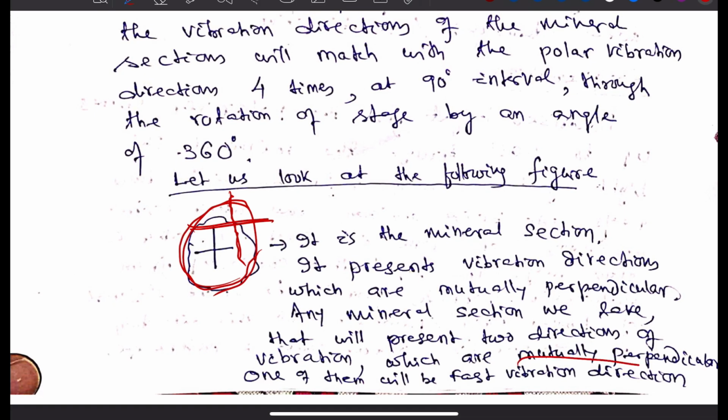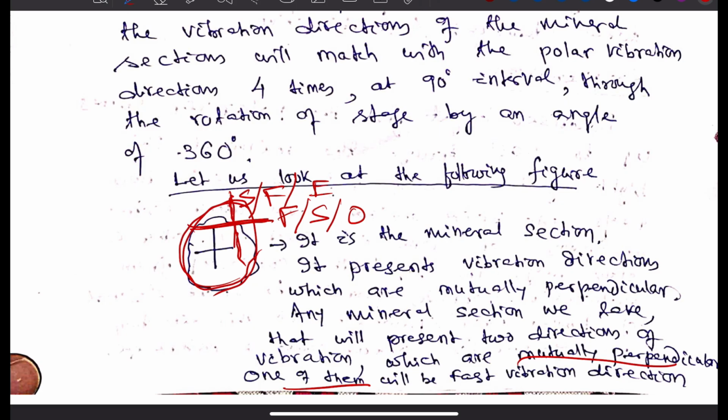And these are mutually perpendicular. One of these directions will become fast, the other will become slow. If it is slow, it will become fast. Or if it is the direction of E ray, it will become the direction of O ray. These things you have to remember.